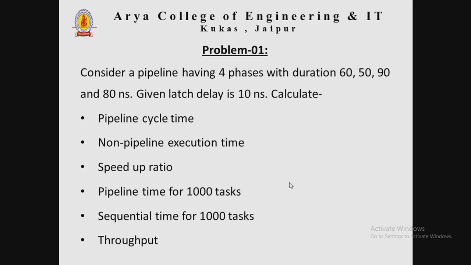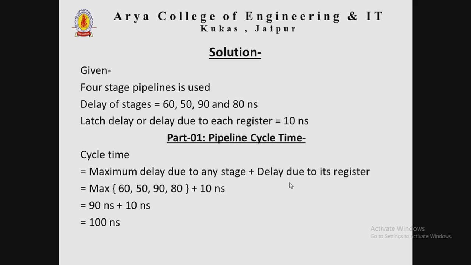If we move towards the first, that we have to calculate the pipeline cycle time, it is given that a 4-stage pipeline is used and the delay of stages is also given. The values are 60, 50, 90 and 80 nanoseconds, and the latch delay or the delay due to each register is 10 nanoseconds.